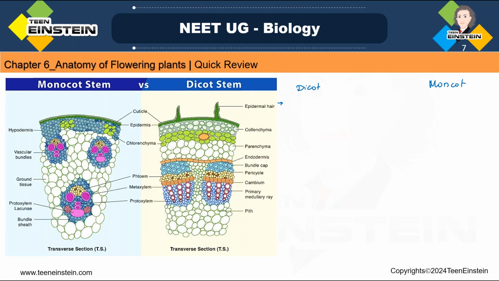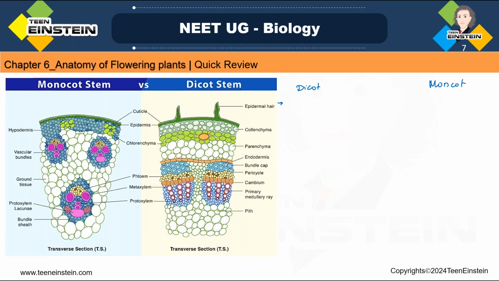About vascular bundles also we need to tell. So first you should remember the structure. This figure should be very clear, learned perfectly, so that you can differentiate. Leaf, root and stem should be very clear so that you can differentiate in a very easy manner.